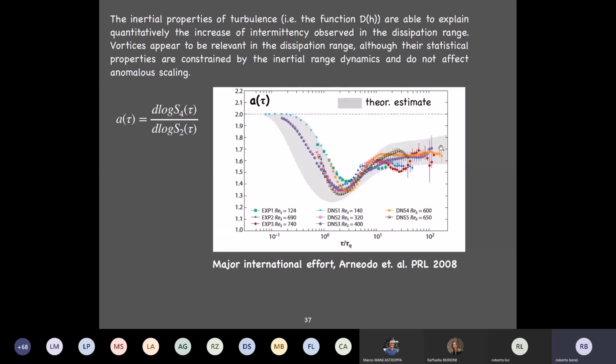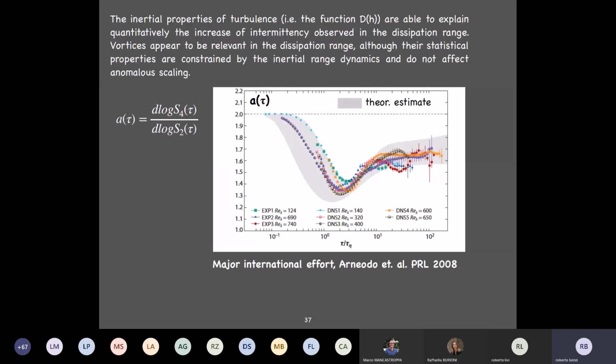So in other words, what you observe is that vortices obviously are inside the dissipative effect of turbulence. I mean, you cannot have turbulence without vortices, but they have the same scaling property that was assumed to be true from the beginning in the anomalous part of the scaling property of the theory.